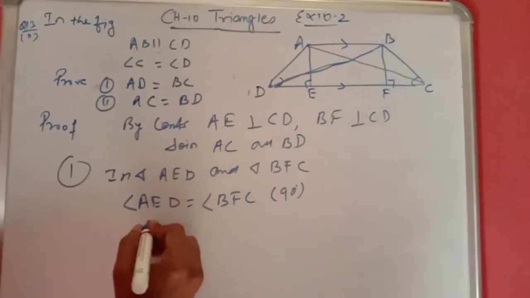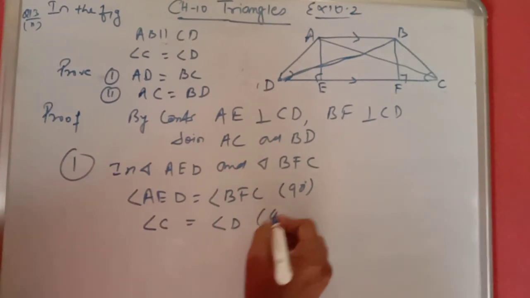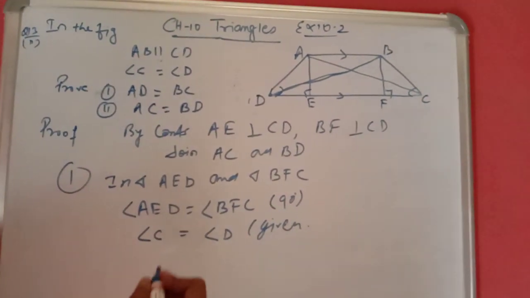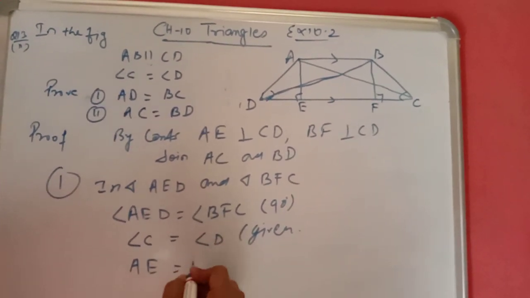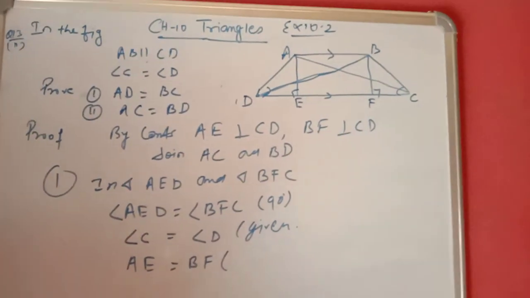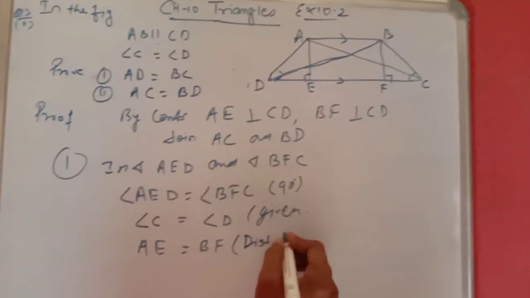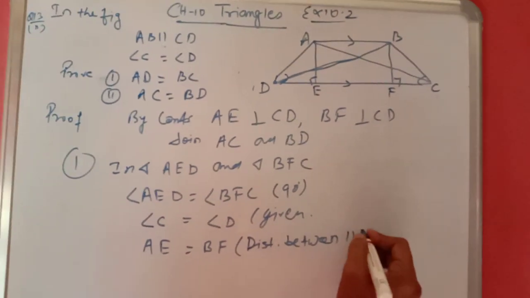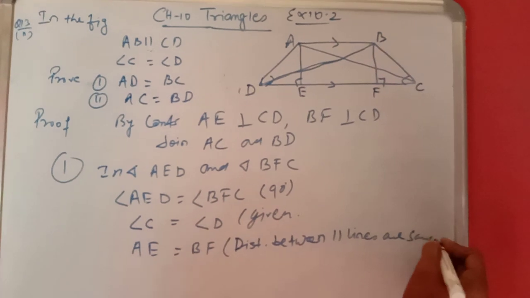Now angle C equal to angle D. This is given. And AE equal to BF because the distance between parallel lines is the same.